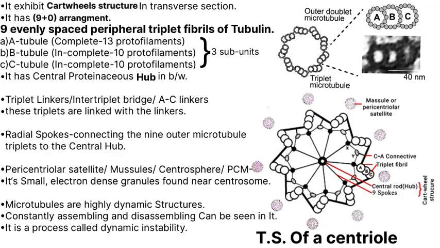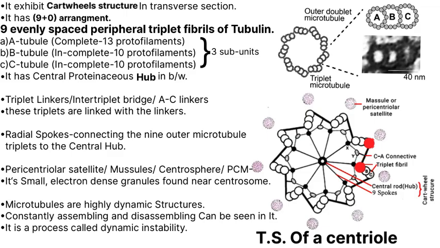There are in total 9 spokes, one for each triplet, and then these triplets are interconnected or linked with the help of the AC linkers, also called triplet linkers or the inter-triplet bridge, where the A tubule of one triplet is connected with the C tubule of the next adjacent triplet.